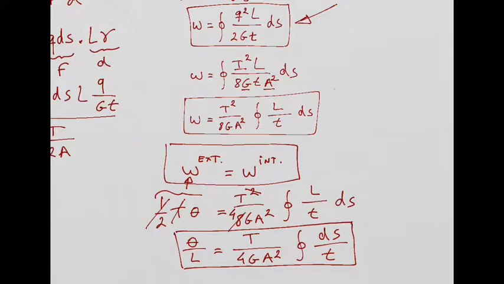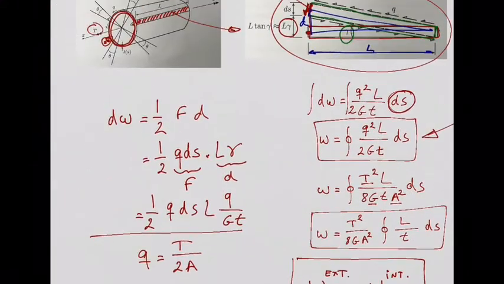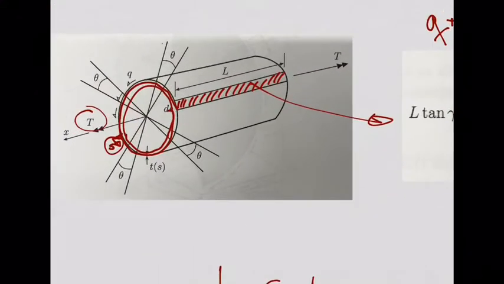So this expression now will be very important for us. Why? Because what you have here on the left-hand side, this theta over L, basically is the gradient of twist, the twist angle per unit length of the tube. Don't forget this L is this dimension.